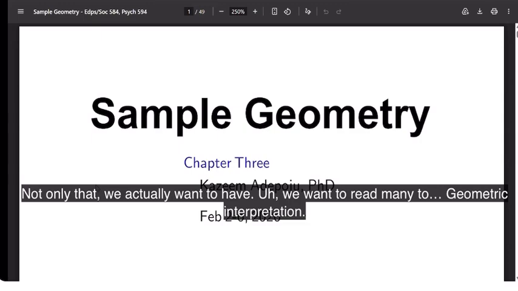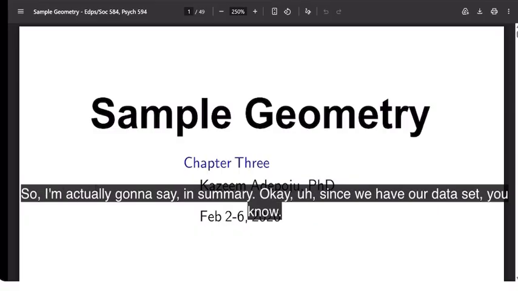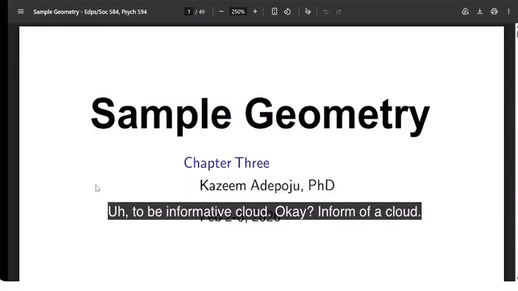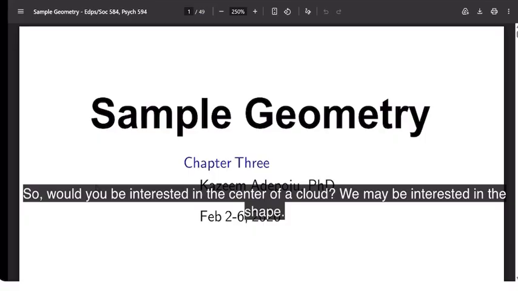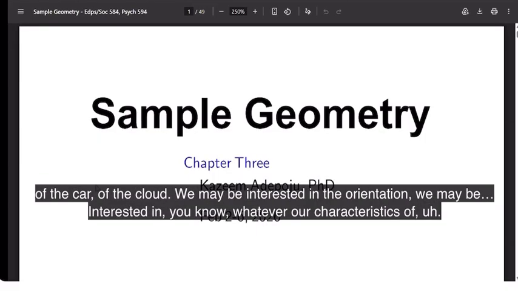In summary, since our data set takes the form of a cloud, we may be interested in the center of the cloud, the shape of the cloud, the orientation, or whatever characteristics are of interest.